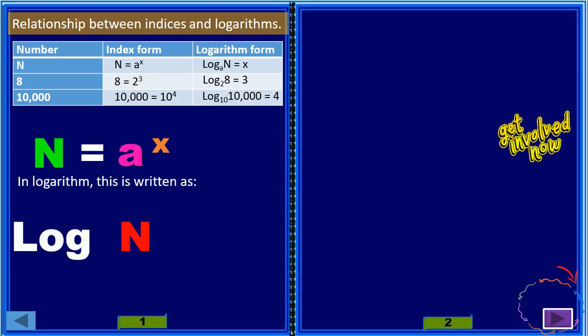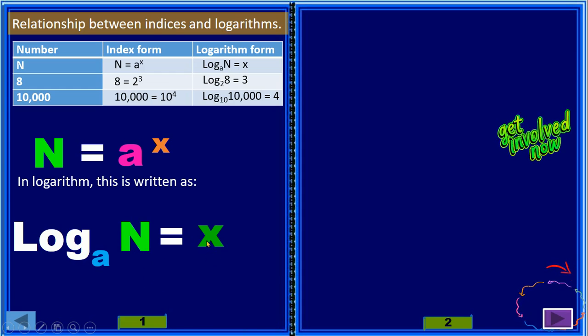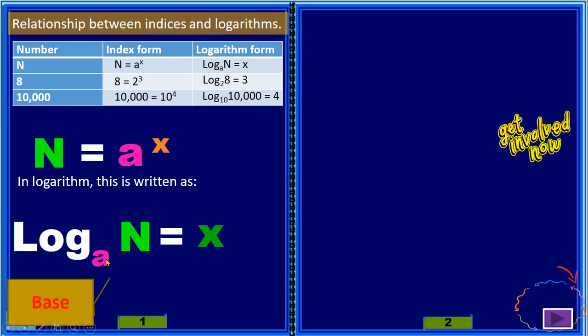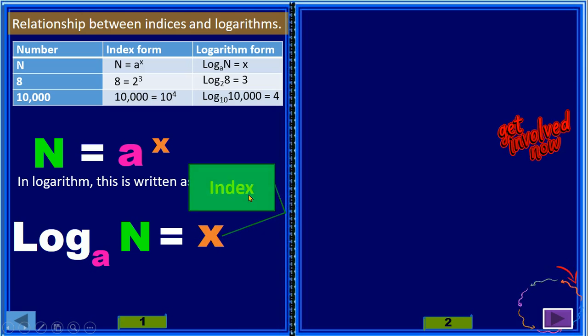In logarithm, this number above is written as log n base a is equal to x. Here again, n is the number, a is the base, x is the index.